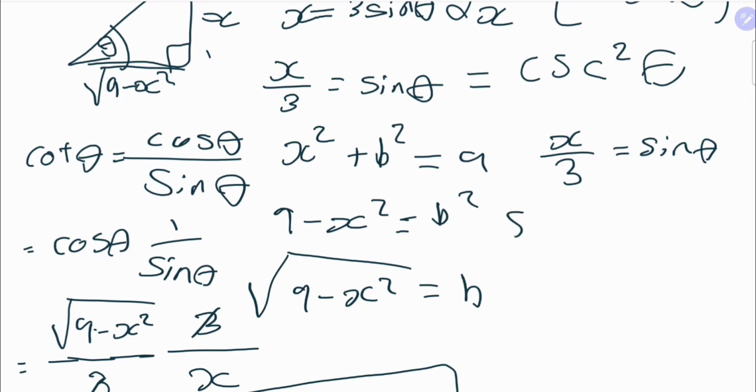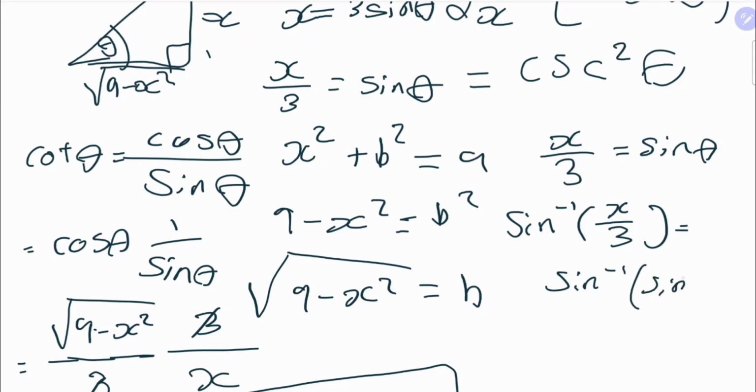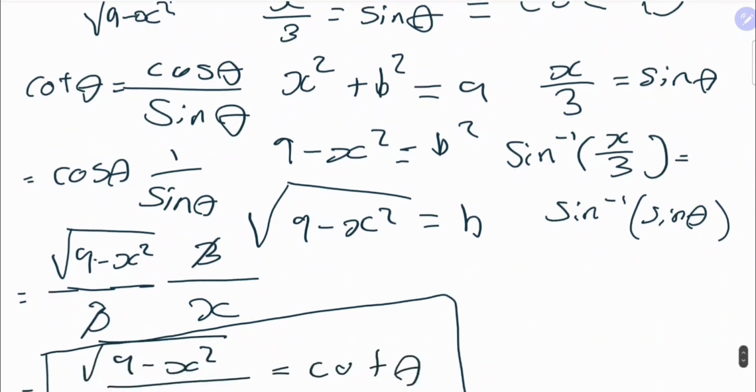So sine to the negative 1 of x over 3 equals sine to the negative 1 of sine theta. I'll write it beneath because there's not enough room. Because these cancel out, theta is equal to sine to the negative 1 of x over 3.